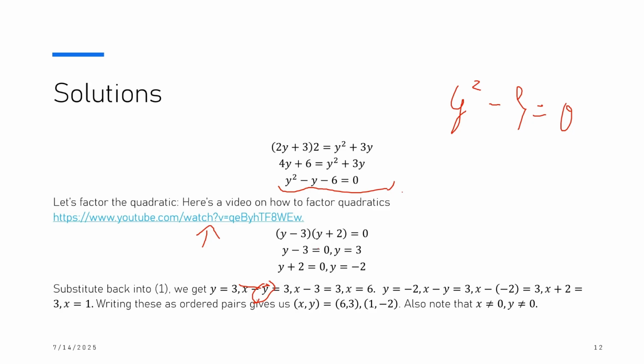And also note that x cannot equal 0 and y cannot equal 0, because remember how we had that nasty denominator situation at the beginning where we can't let x and y equal 0. We had 1 over x and 1 over y.